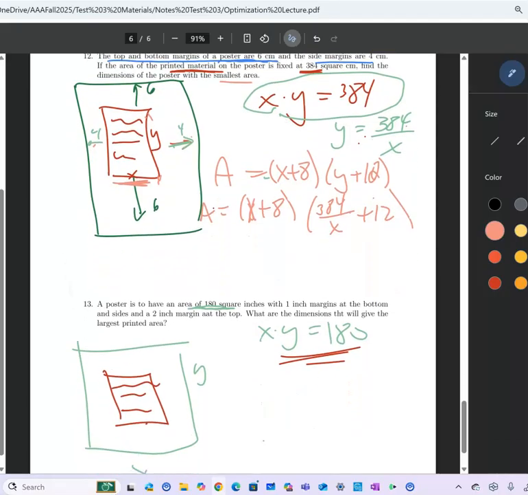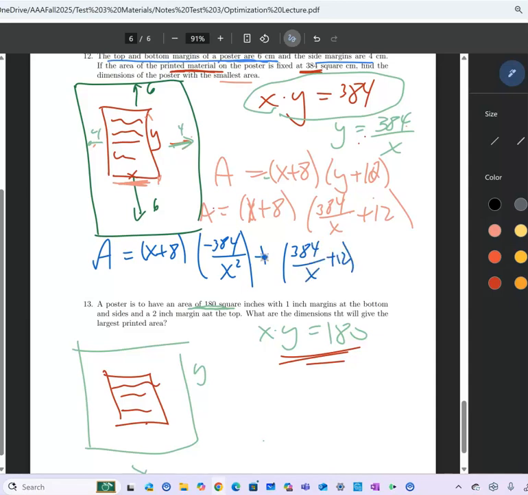And I'm just going to do the product rule. It doesn't really matter, right? A prime, so first, d second. So that gives me negative 384 over x squared, and the derivative of 12 is 0, plus second, d first, 12, times 1.